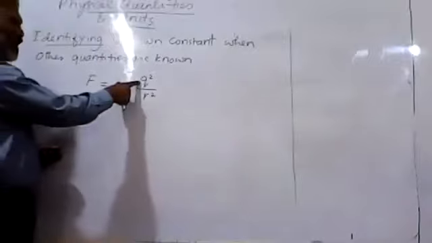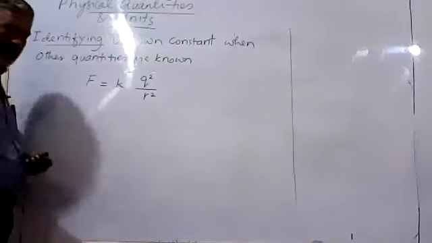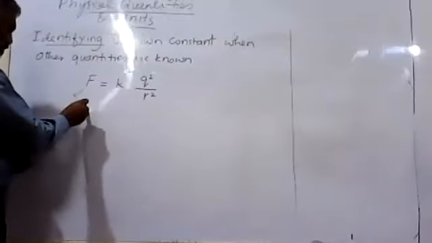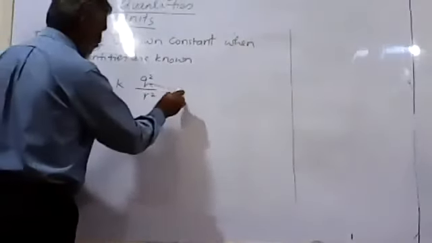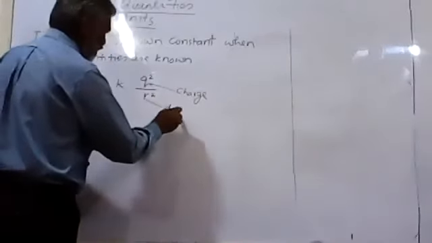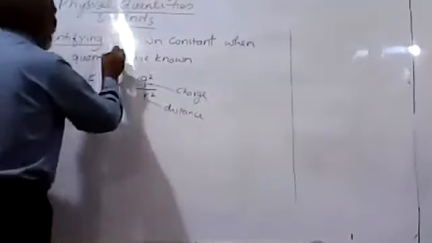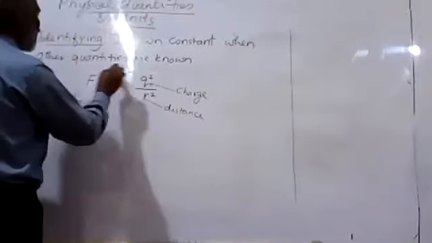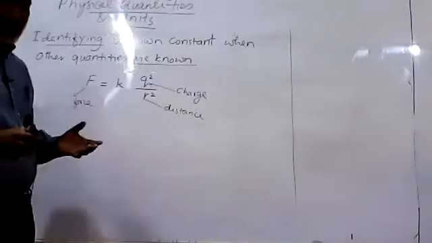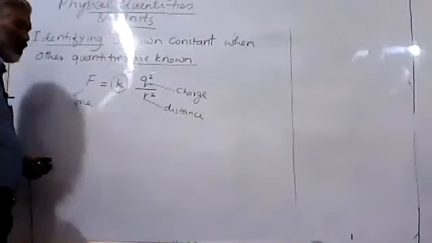They have charge q, both of them, and the force of attraction or repulsion between them is F. That means this is force again, q is charge, r is distance. Once we know the quantities, as I emphasized, that when other quantities are known, we must know the quantities very clearly, and only then can we identify this unknown constant.